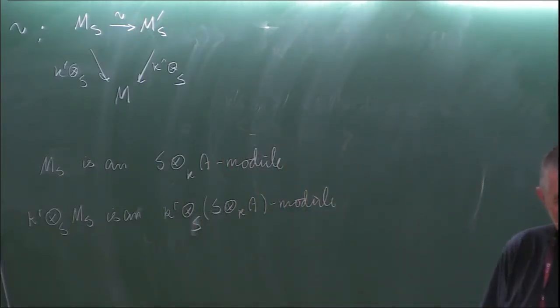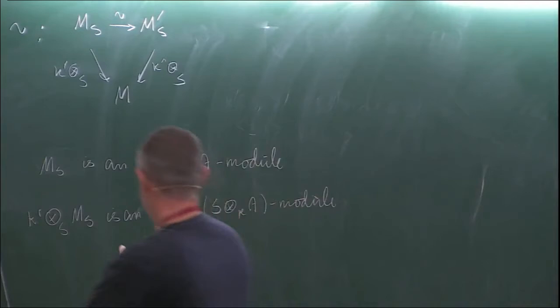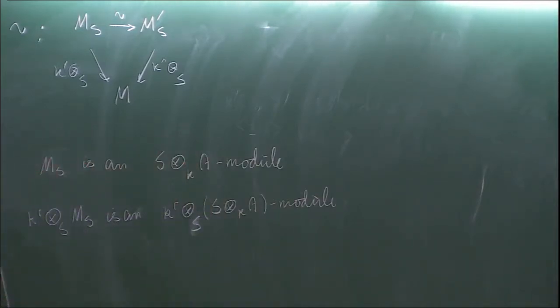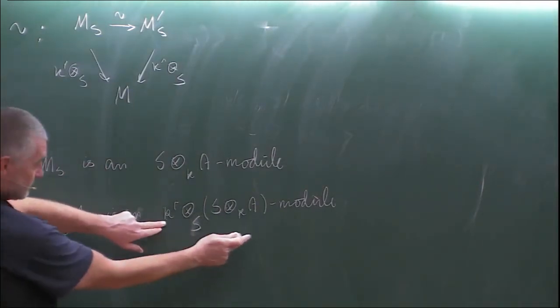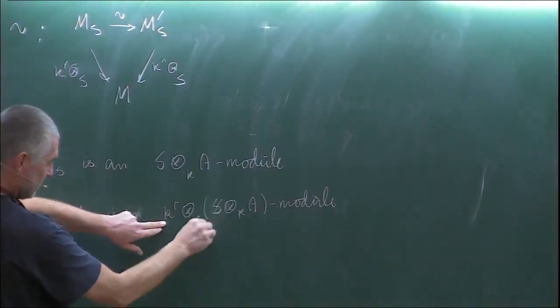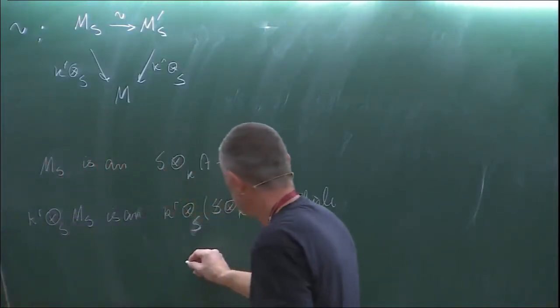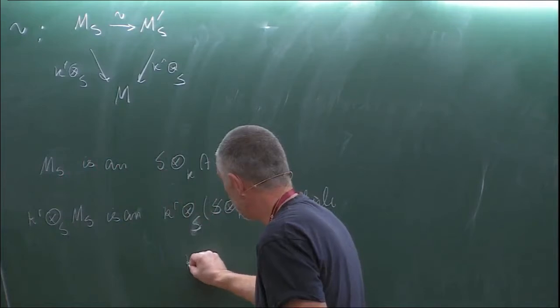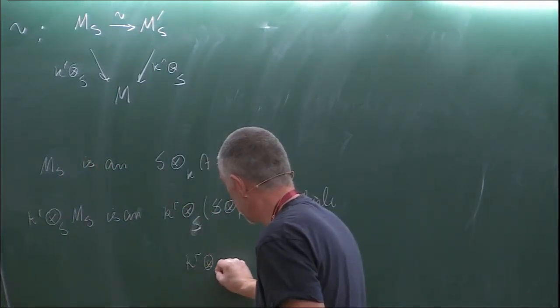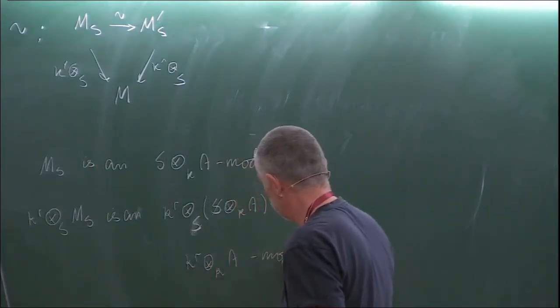Okay? Because M_S was an S tensor K A module, this one times M_S is this module, so I can remove this one. That is a K^r tensor K A module.